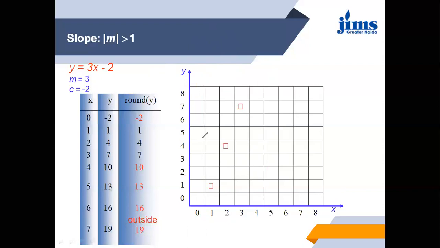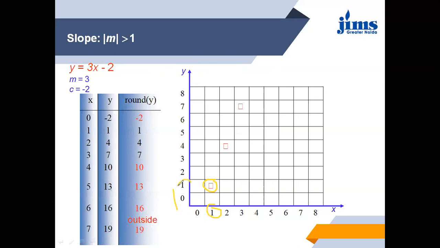When we have to find out the position of this pixel, first I will consider this x1. First I will consider the value of x and I will try to find out the value of y.